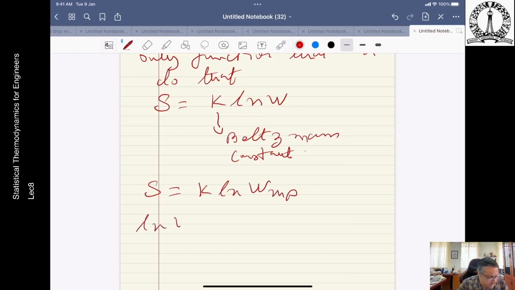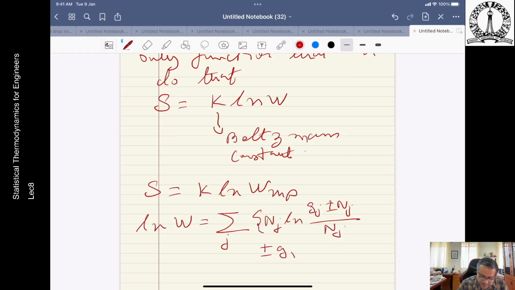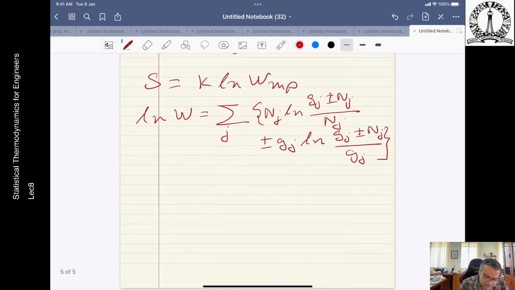So K ln W, as we already got, is the summation over j of Nj ln (Gj ± Nj)/Nj ± Gj ln (Gj ± Nj)/Gj, closing the bracket. All right, so this is how it goes.